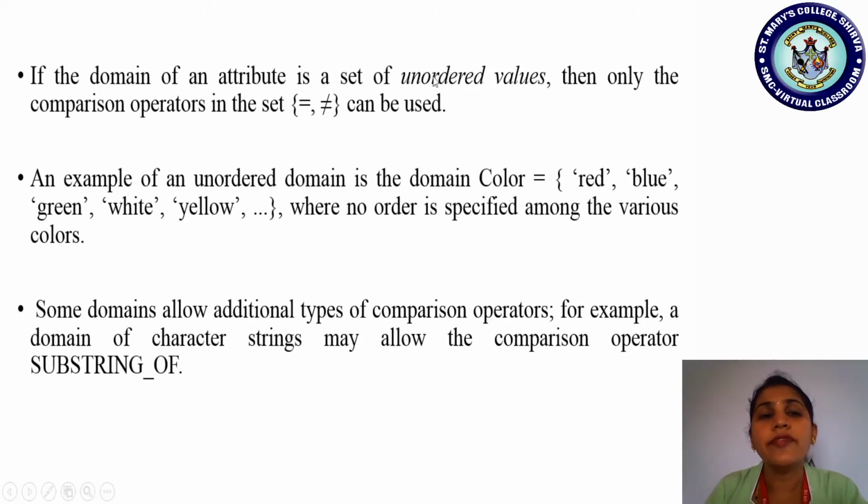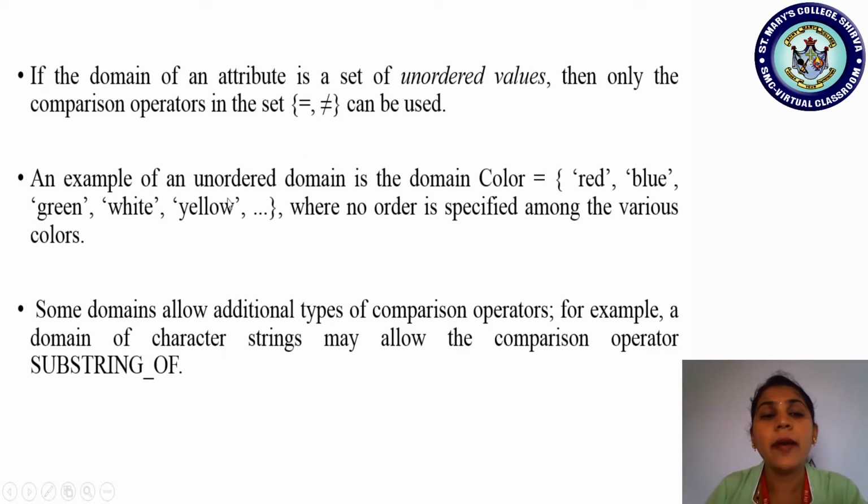So if the domain of an attribute is a set of unordered values, if the values are not in an order, they are randomly placed, then which type of operators can be applied? Comparison operators equal to or not equal to can be used.